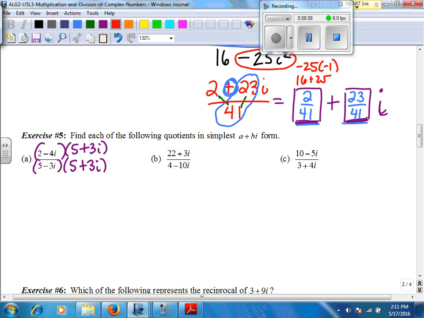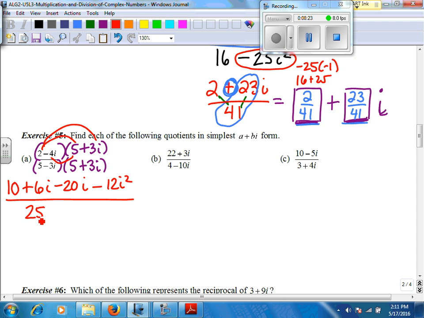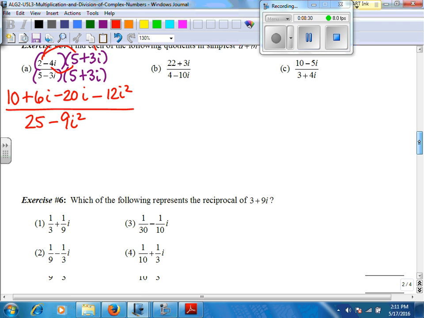When we distribute in the numerator, we're going to get 10 plus 6i minus 20i minus 12i squared. Denominator, 25. Outer and inner will cancel because they're conjugates. Minus 9i squared. Got some simplifying to do now.